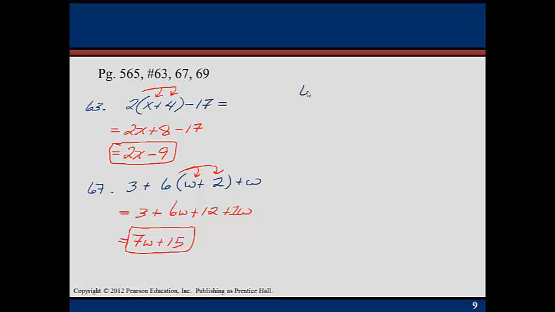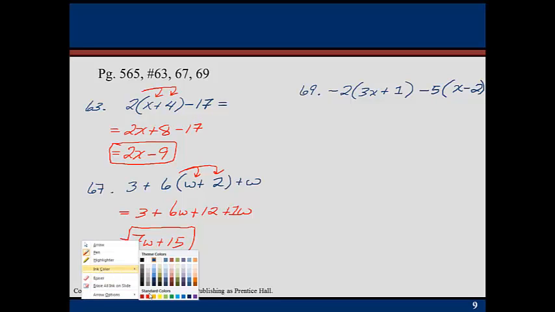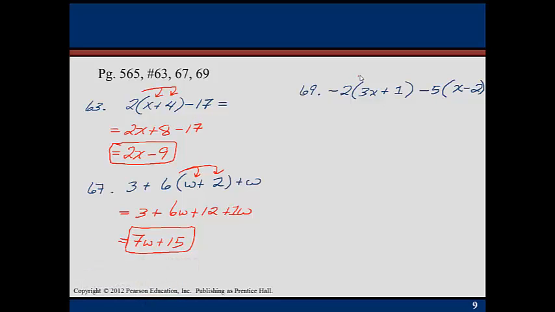And then last one, number 69, we have negative 2 times parentheses 3x plus 1 minus 5 times parentheses x minus 2. Again, when we see parentheses, we start there, so we're going to distribute first. So for the first set of parentheses, we're going to multiply the negative 2 on the inside.